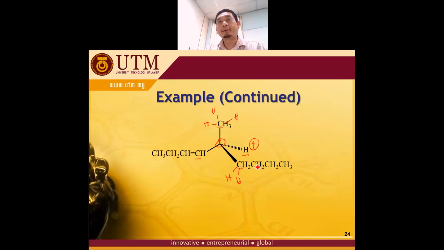I'm talking about this carbon: 1 carbon, 2 hydrogen. How about this carbon? When you see this double bond, it is treated as 2 carbons. So this is number 1, this is number 2, and this is number 3. These are 3 atoms.